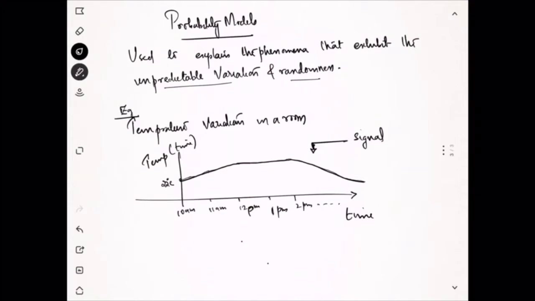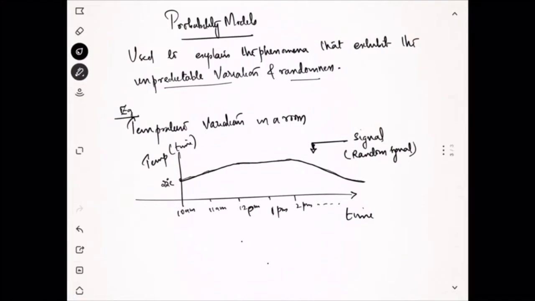However, its variation is unpredictable, or with some accuracy we can predict it by using some technique. Anyway, that we will discuss later, but its variation is unpredictable. So this is a random signal, a phenomenon which is exhibiting an unpredictable variation.